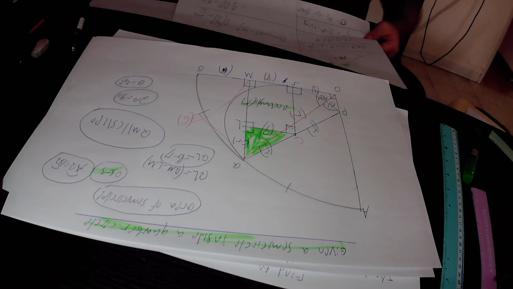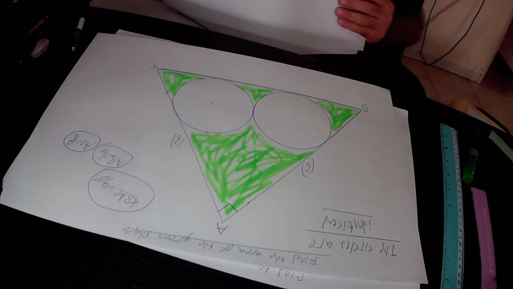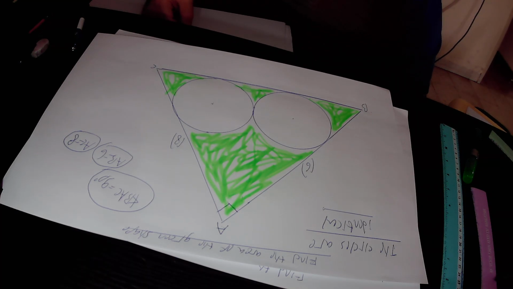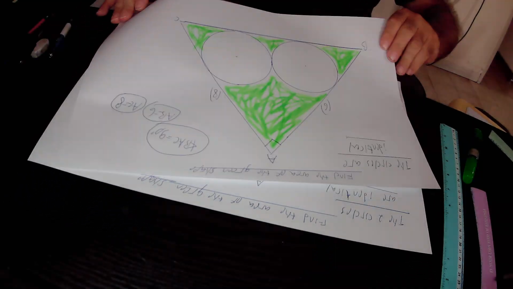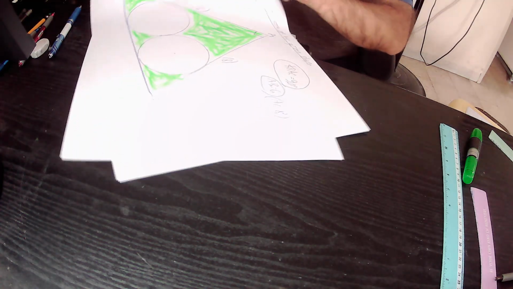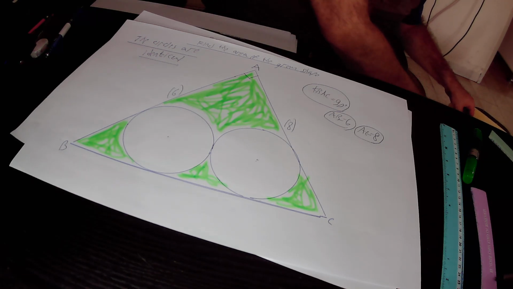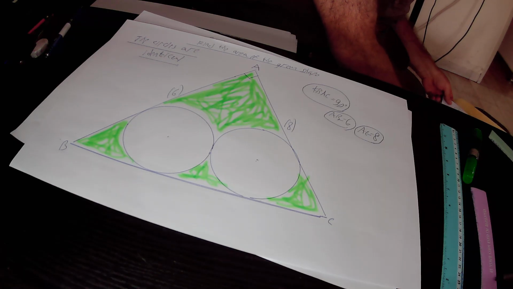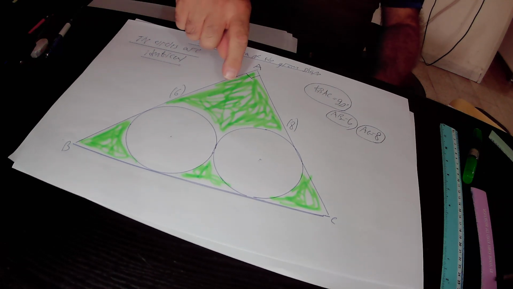So the second question. Our task in the second question is to find out the area of this green shape.